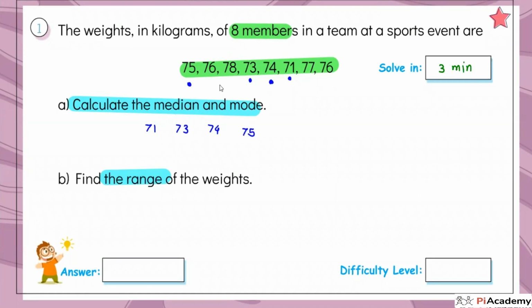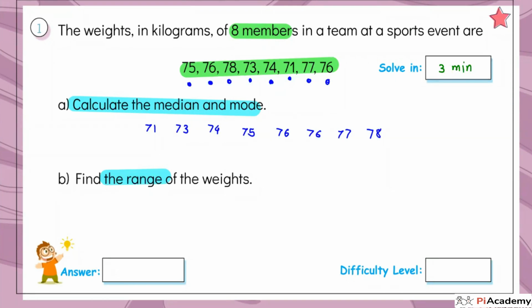Then 76, 76. Now after 76, you can see 77. And the biggest number is 78. I can see there are 8 numbers and the given numbers are also 8, so none of the numbers is missing.